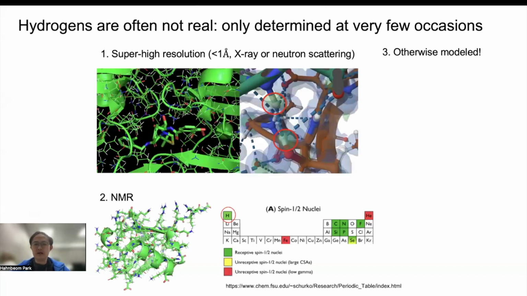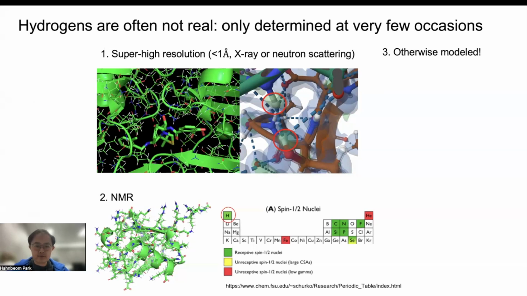Sometimes you'll find PDB files containing hydrogen information. But you have to be careful, because hydrogens are not something you can easily see from experiments. You can only see them on very few occasions. First is when it's super high resolution, with X-ray or neutron scattering experiments.